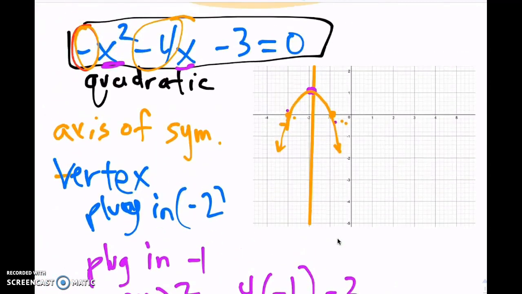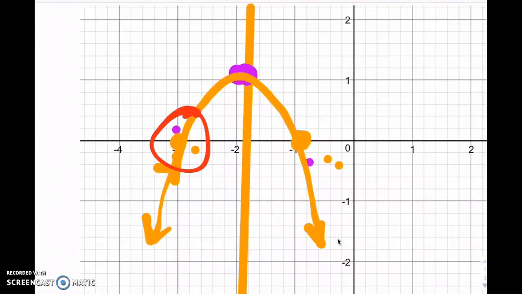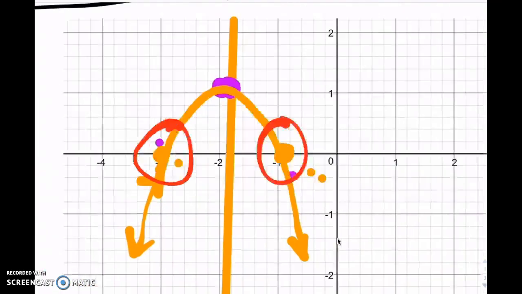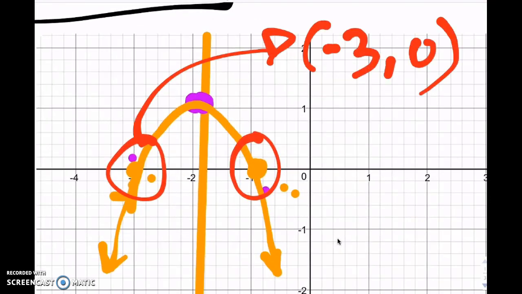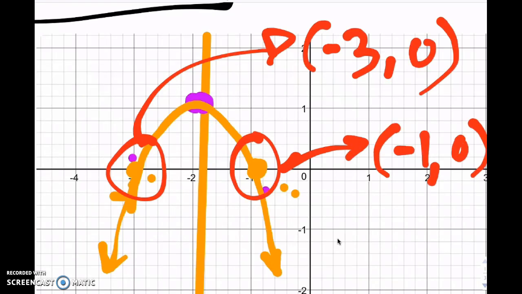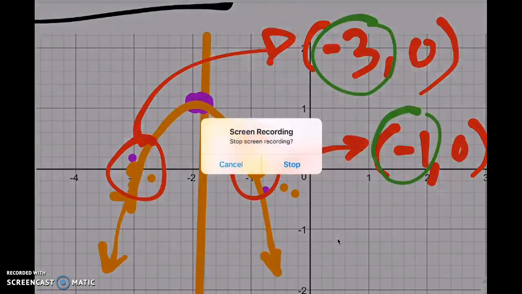As you can see by graphing it, what are my zeros? If you remember from last chapter, we got one of them here and one of them here. This point here is negative 3, 0, and this point here is negative 1, 0, meaning my zeros are at negative 3 and negative 1.